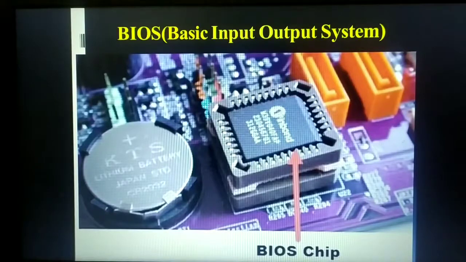Whenever you switch on the computer system, this BIOS chip will load the operating system into the memory, and it will also run one test known as the POST test. That POST test will send all those instructions to the hardware devices in order to activate them, that means in order to turn them on. Suppose your computer system passes the POST test, then you will hear a beep sound.